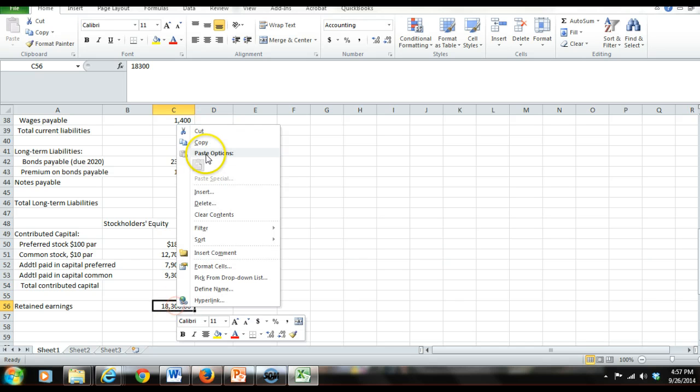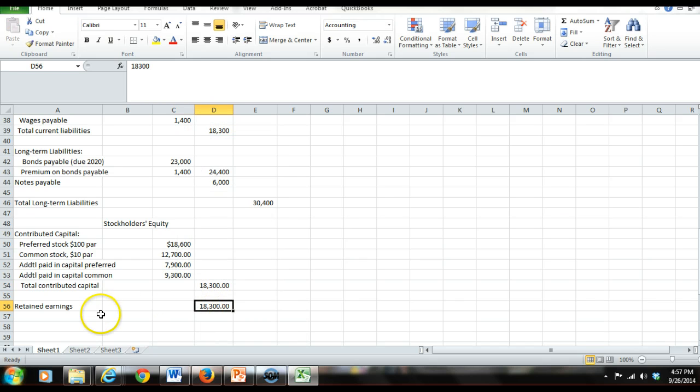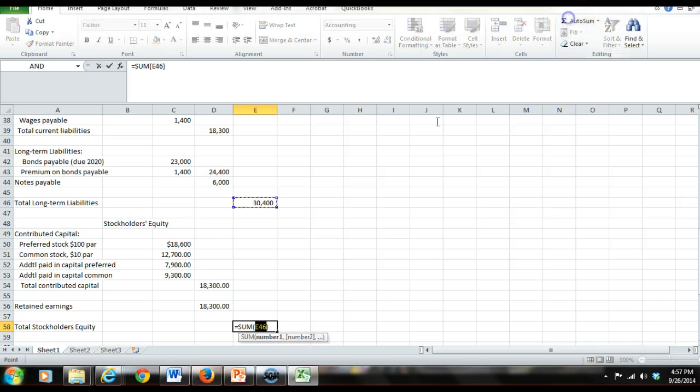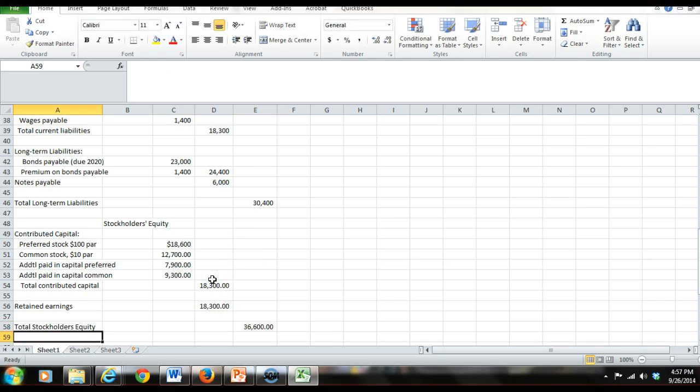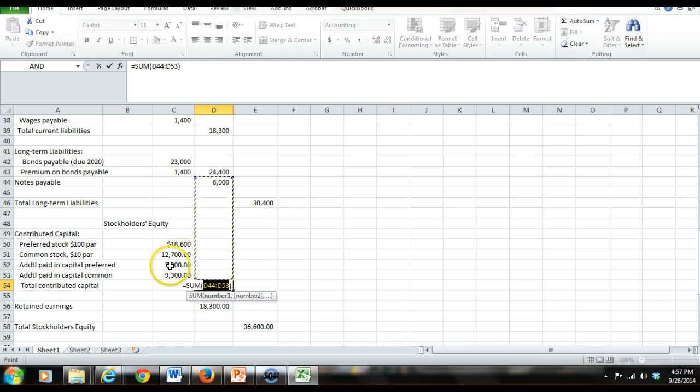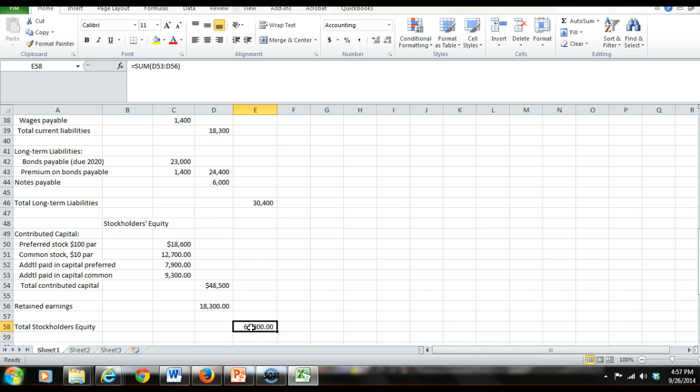Our total stockholders' equity section is a total of $36,000. No, that's not right. What am I missing? 18.3. Well, because my contributed capital was incorrect here. 48. So that would make more sense. The shareholders' equity section here is 66.8.